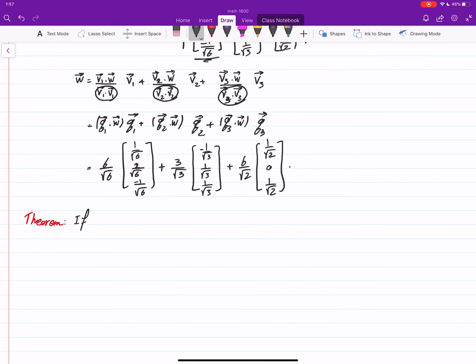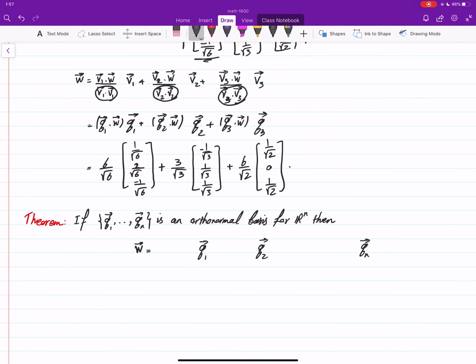If q1 up to qn is an orthonormal basis for Rn, then any vector w can be written as a linear combination of q1, q2, up to qn.